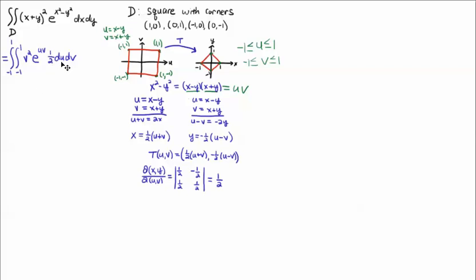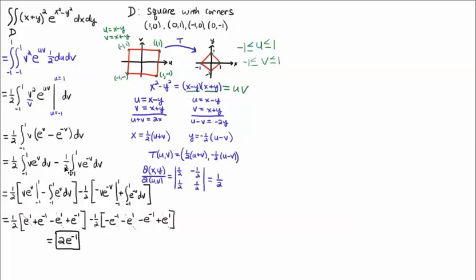I'll integrate with respect to u first, where u is between minus 1 and 1, and then with respect to v, where v is between minus 1 and 1, and the Jacobian is 1/2. x plus y is v, but x plus y squared means we have v squared, and then remember x squared minus y squared is equal to u times v, so I have e to the uv. Now that I have this integral, I'll show you all the steps for that in one fell swoop.